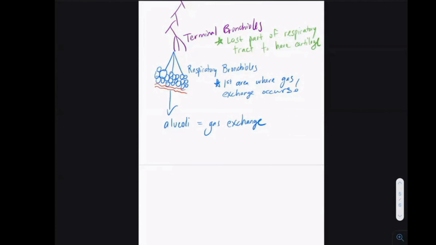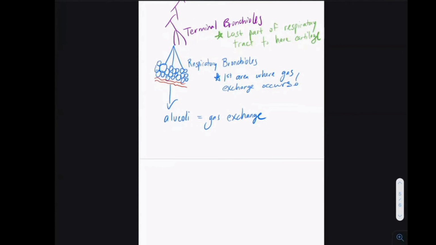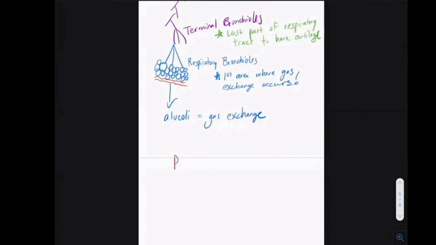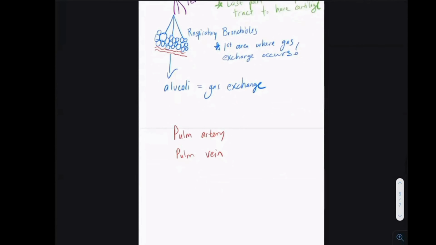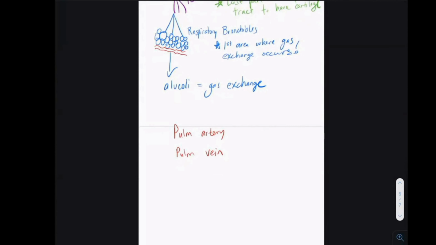Okay, so one thing I want to mention here is what's the difference between a pulmonary artery and a pulmonary vein? So if you guys remember from other anatomy classes that you've had before, arteries usually have oxygenated blood. Usually. This is the one exception.